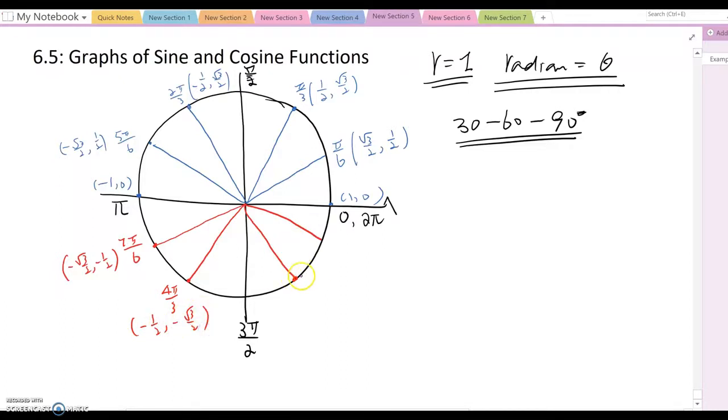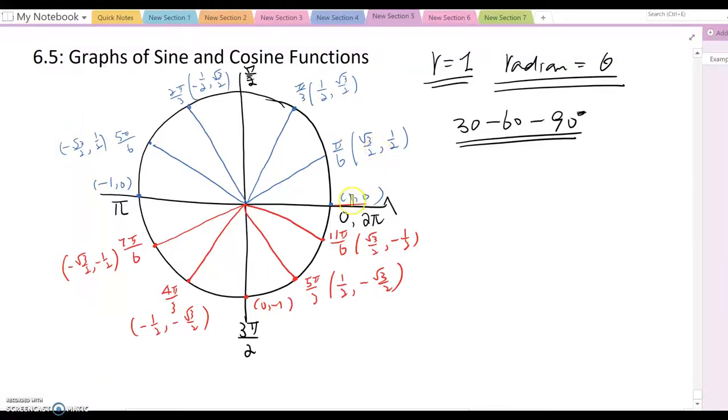This is 5 pi over 3, and the coordinate becomes 1 over 2 comma negative root 3 over 2. I forgot 3 pi over 2 because this is 0 comma negative 1, and 11 pi over 6, that is root 3 over 2 comma negative 1 over 2, and then we just go over to 1 comma 0 like that.